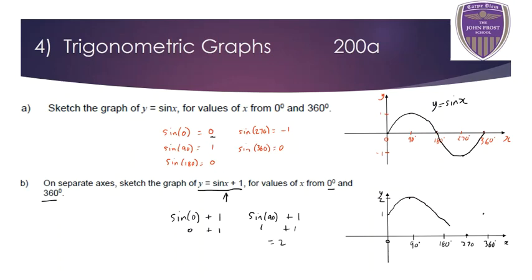But what happens is the graph has moved up 1 for each y value. And that's how we would draw that graph here. Familiarize yourself with the original, and then you can transform it depending on what other information you're given. I hope that makes sense to you.